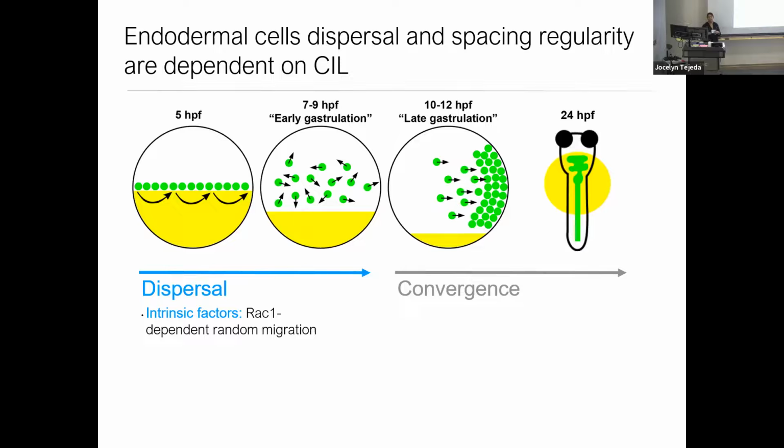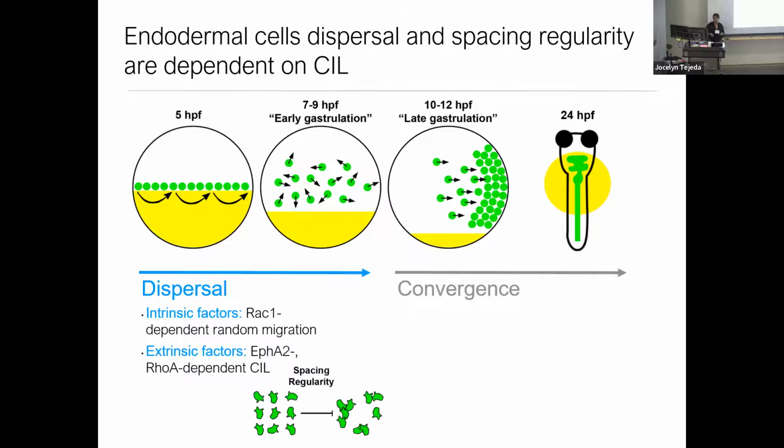Okay. So putting everything together, again, endodermal development can be characterized by both dispersal and convergence behaviors. We previously showed that this dispersal behavior can be driven by intrinsic factors, namely intrinsic low directional persistence. But hopefully today I've convinced you that there are also extrinsic factors, namely FA2 and RhoA dependent contact inhibition of locomotion, that contribute to this dispersal.